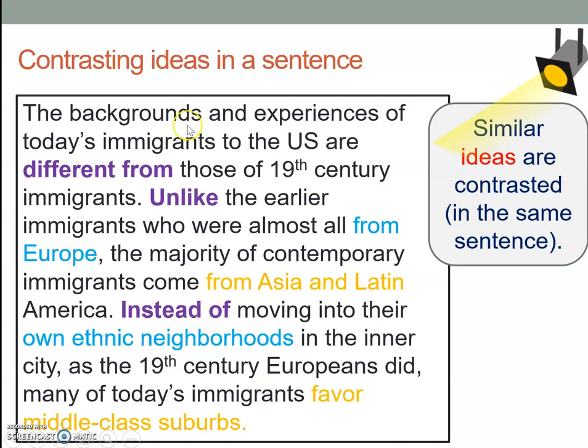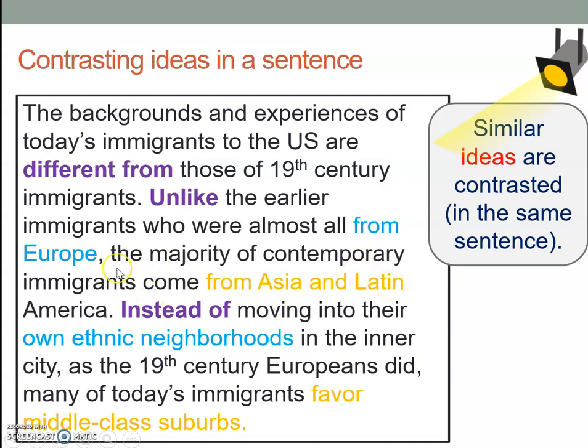Sometimes we can see contrasts, not just in the whole paragraph, but within a sentence. So if we look here, again, we're comparing today's immigrants with 19th century immigrants. And if we look here, unlike the earlier immigrants who are all from Europe, the majority of contemporary immigrants come from Asia and Latin America.